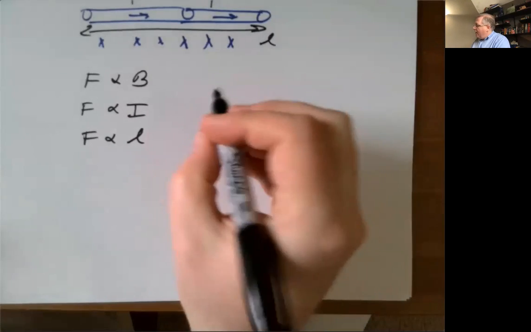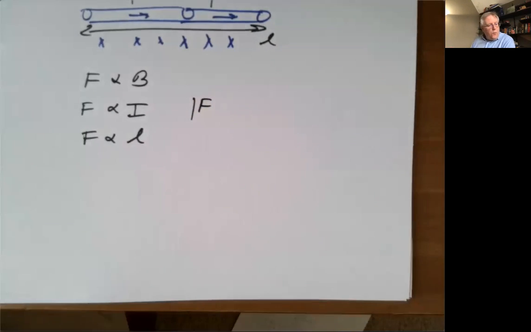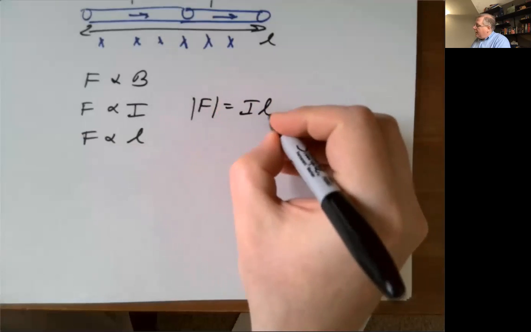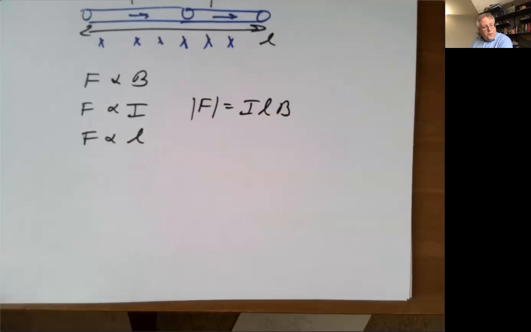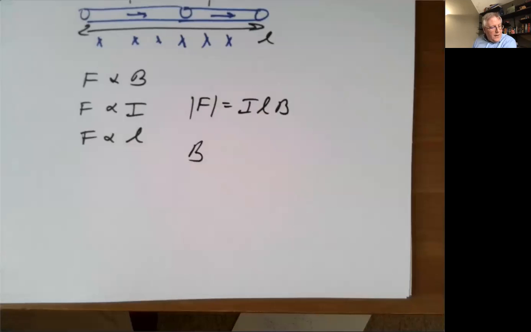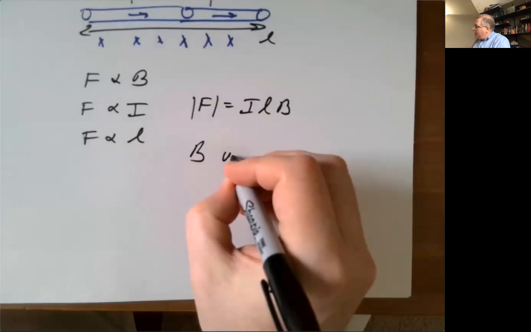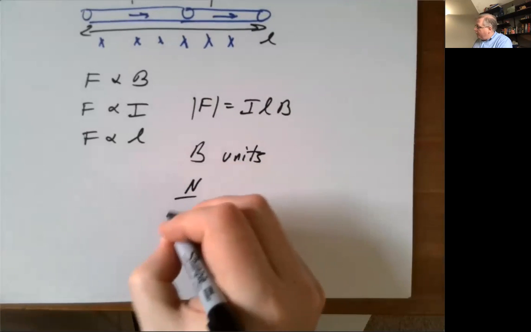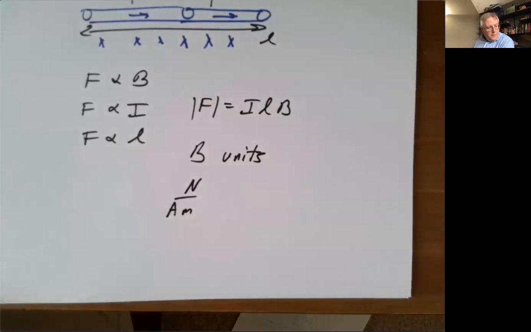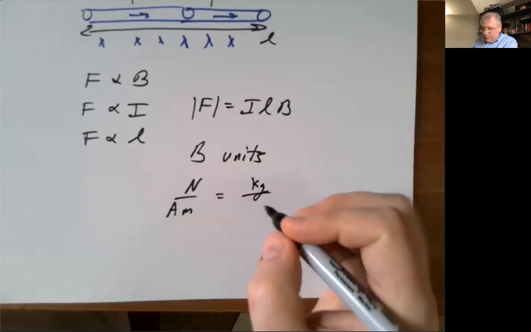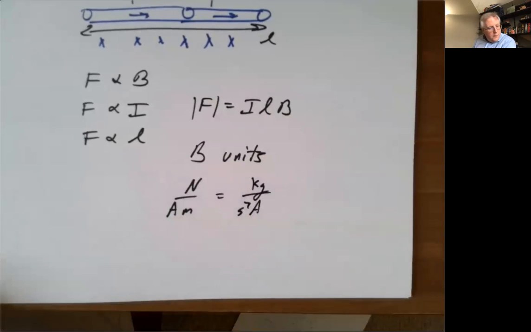Now, how we write this down then is the size of the force. And it turns out there really aren't any other things that this depends on. The size of the force is equal to I times L times B. It turns out those are the units that actually work. Where B is our symbol for magnetic field, and we haven't actually introduced this, it's got units of newtons per amp meter, which is, let me see, a kilogram per second squared amp.